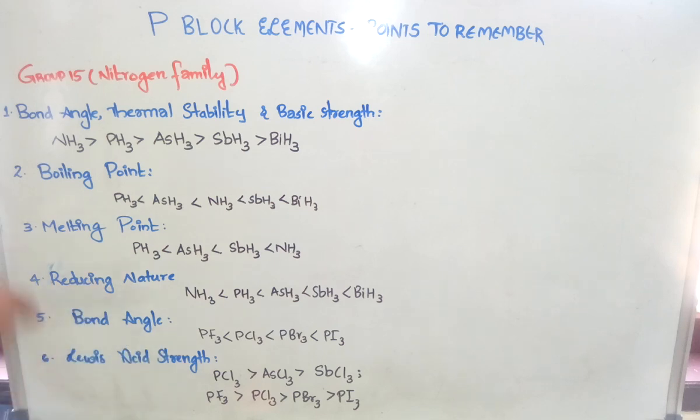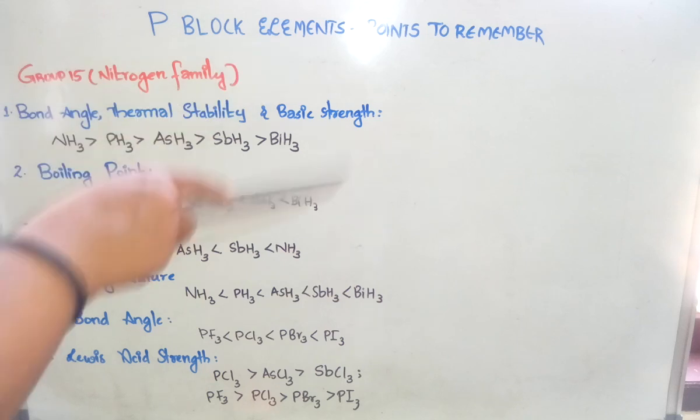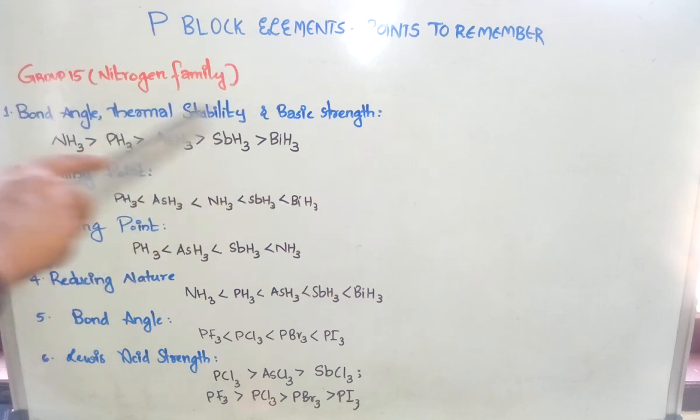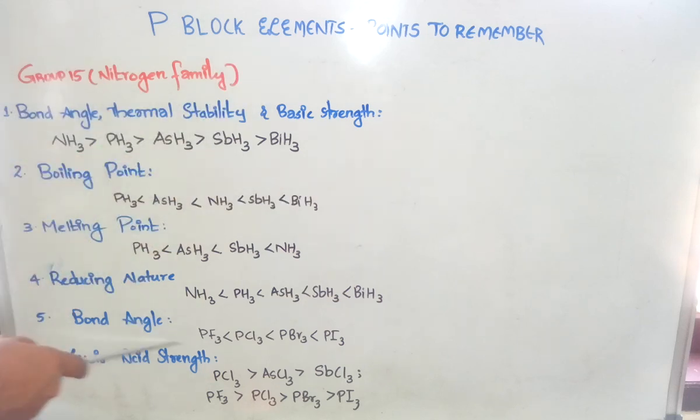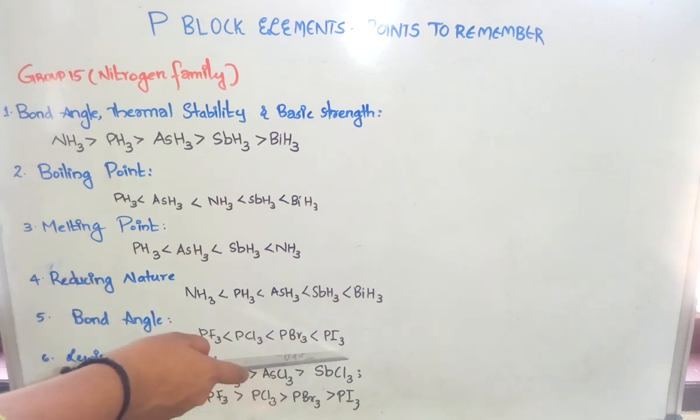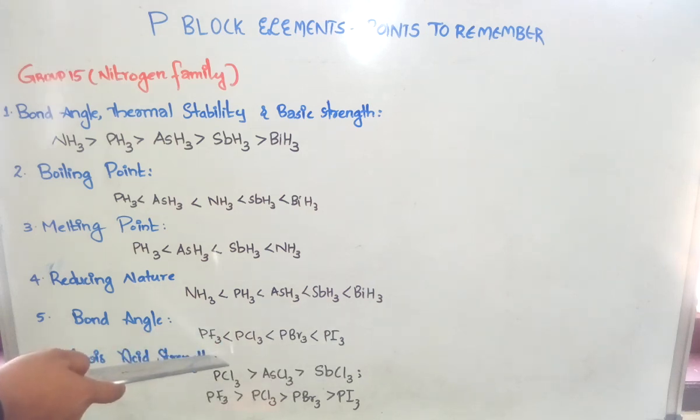Then bond angle. We compared different elements of this family in the first set. Now here we are comparing the bond angle of different halides of phosphorus, out of which phosphorus iodide will have the greatest bond angle and fluoride the least. Now Lewis acid strength.